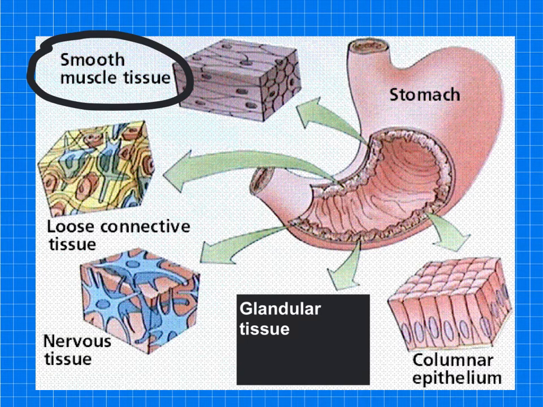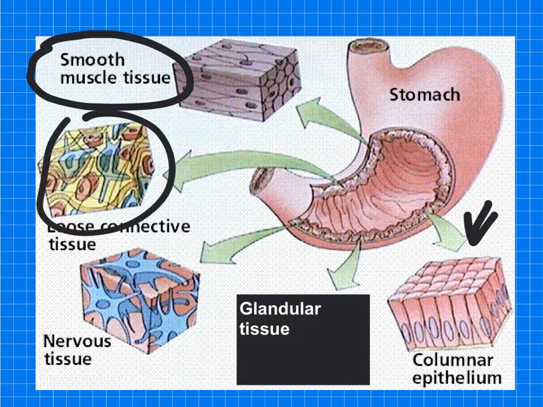Glandular tissues are secreting the digestive juices such as hydrochloric acid and the enzymes used in digestion. And then epithelial tissues, they cover the inside and outside of the organs to protect it. You also have loose connective tissue, all working together to perform a specific function.